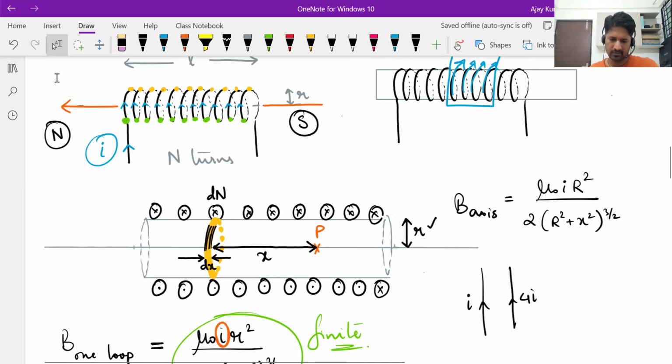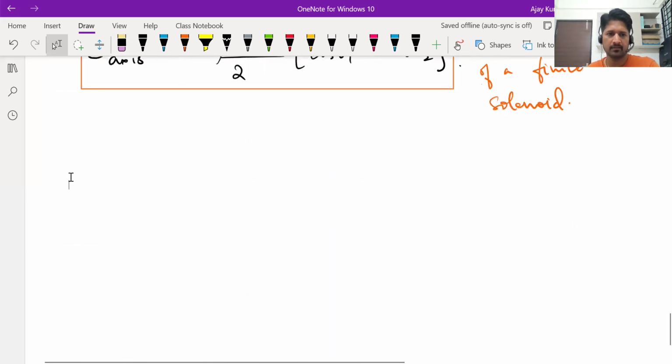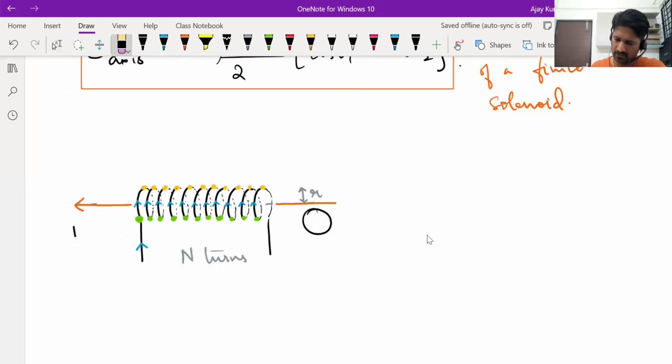Okay. Let's take this diagram. So here, if you visualize theta 1 and theta 2, you are trying to find out the magnetic field at a random point on the axis. You connect that point to the left end.